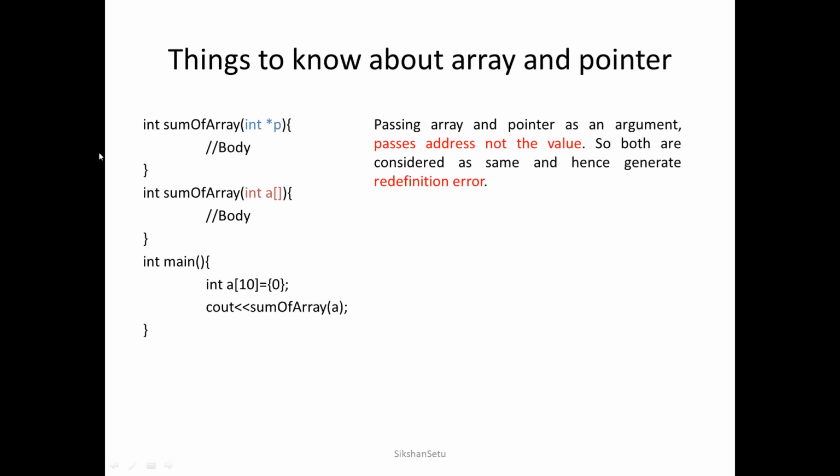Why? Because a function with the passing-address signature already exists. Suppose this is declared first and you are declaring this again, then it will prompt that a function with passing address already exists. So again you need to take care of this.